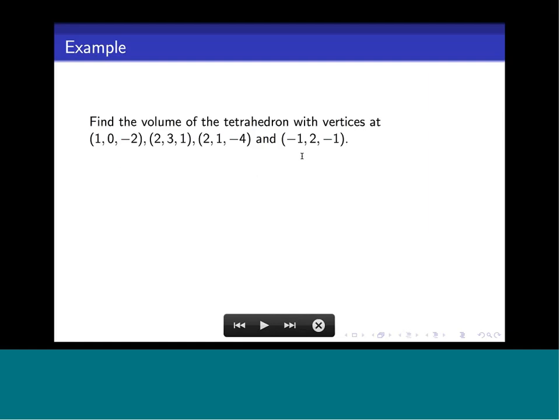Another point is going to be minus 2, 2, 1.